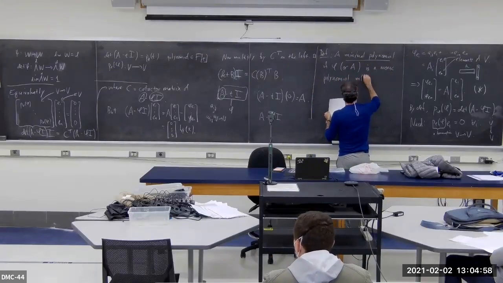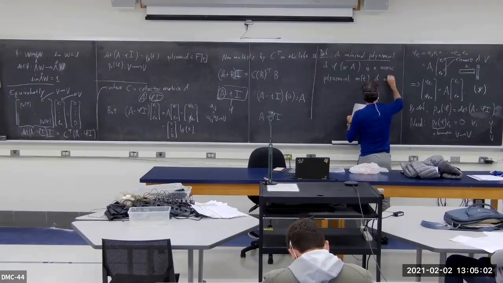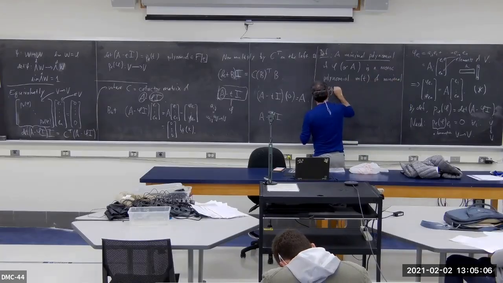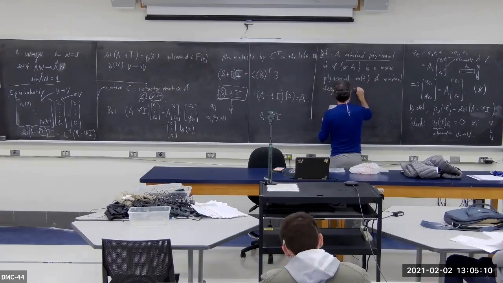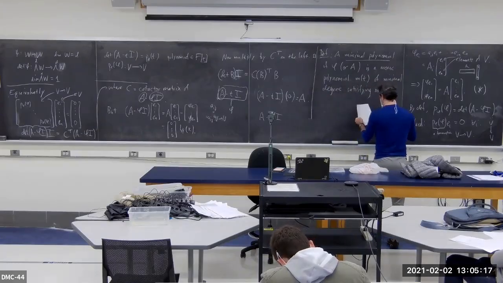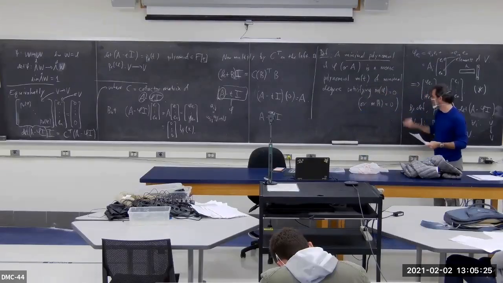M of t of minimal degree satisfying M of phi equals 0, or M of A equals 0, if that's the situation that you're in.